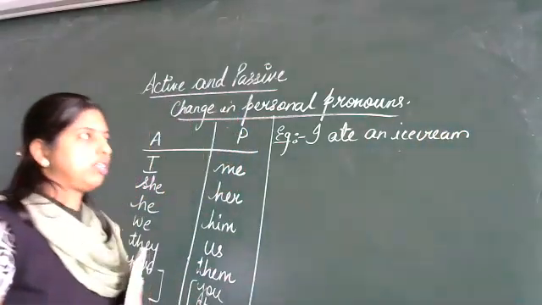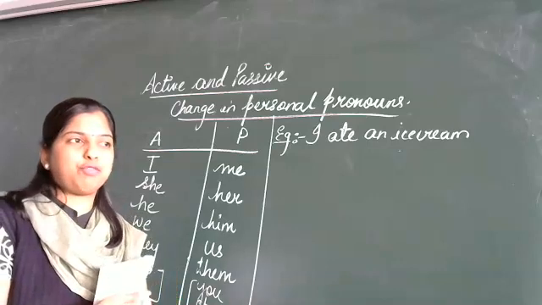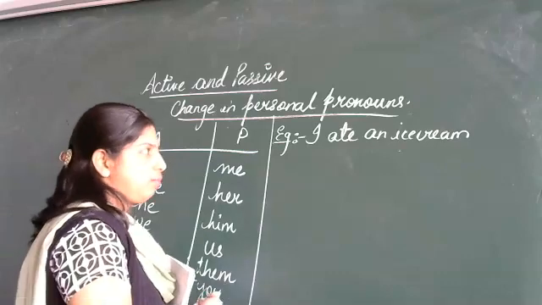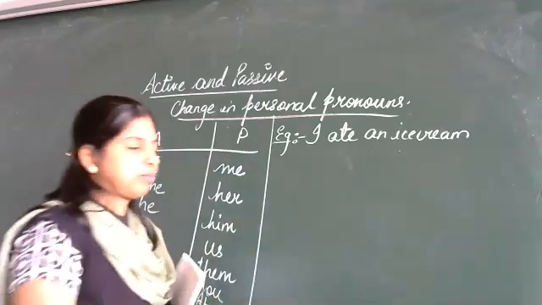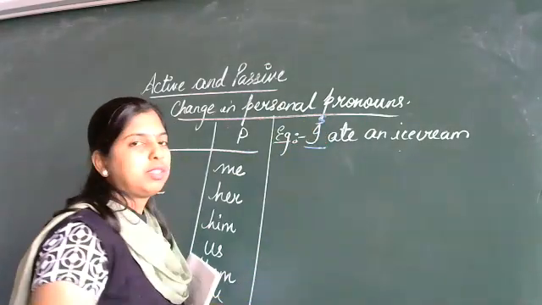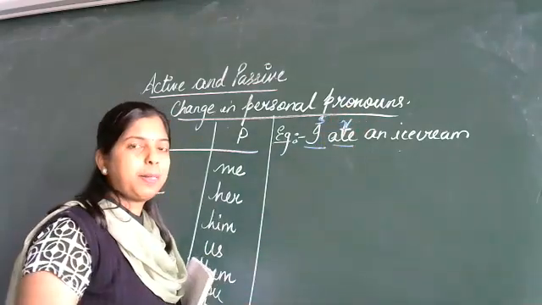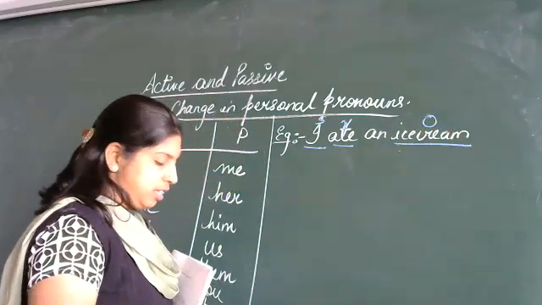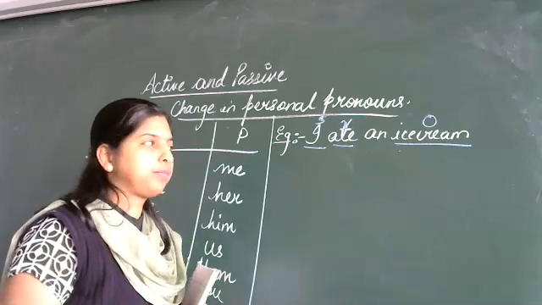You tell me what the sentence is, whether it is active or passive. Active. Okay. Where is the object and where is the subject? I is subject. Ate is verb. Very good. And ice cream is object. Right. Now you tell me how you are going to change it to passive.